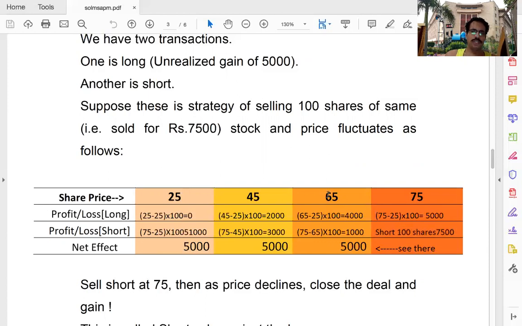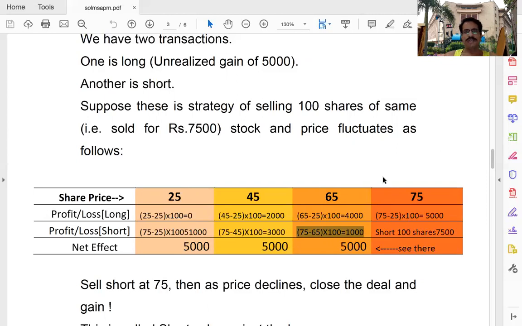Now suppose the share price declines to 65. What happens in your long transaction? At 65 you sell whatever quantity you had, 100, but you also did a short transaction.